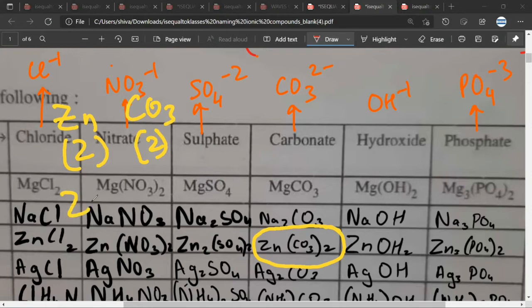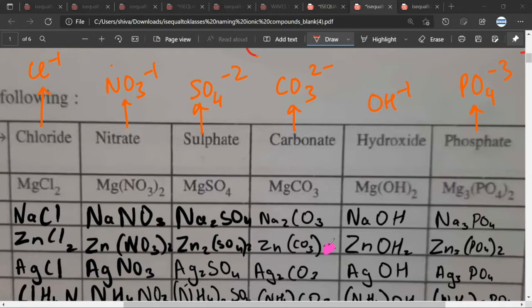When you do crisscross, this 2 will come here, this 2 will come here, and because 2 is a common factor, the formula will be ZnCO3. So is it making sense? Yes, sir. So that is why this should be ZnCO3. Any doubt? No doubt, sir.